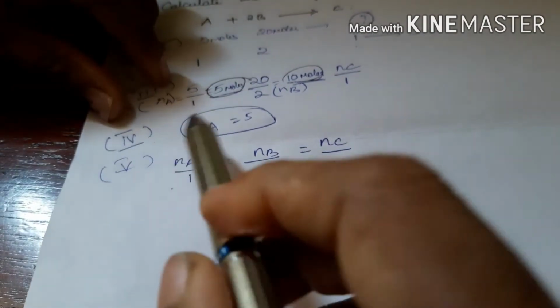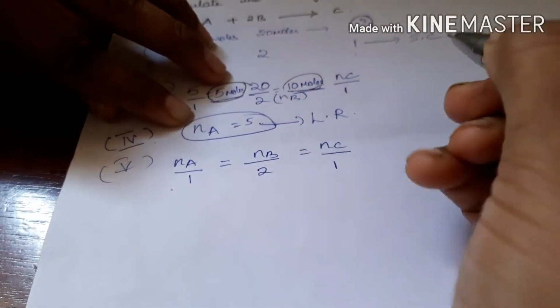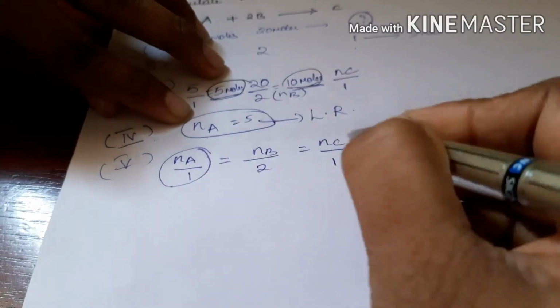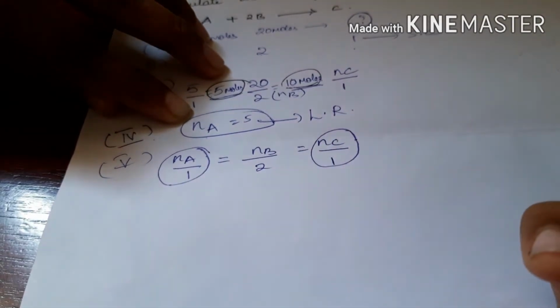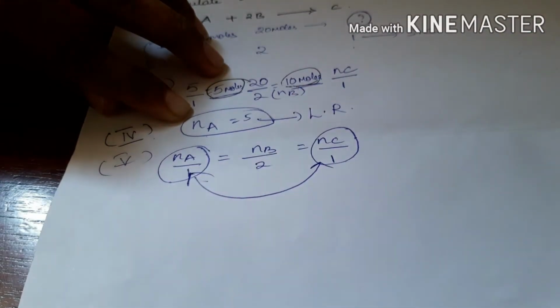Here Na is the limiting reagent, as we already know from the fourth trick. By using this limiting reagent only, we have to find out the product Nc.